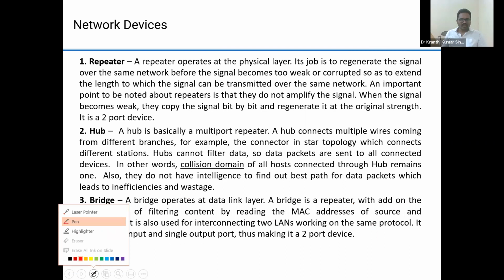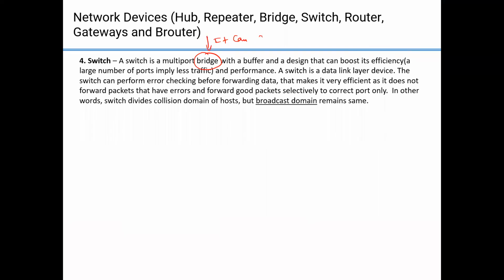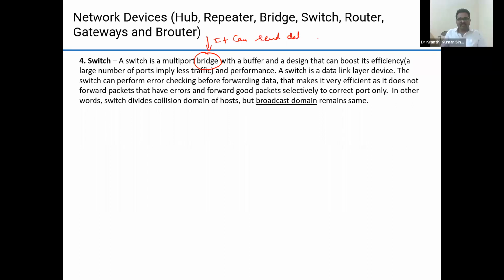Now, what is a switch? A switch is a multi-port bridge. What is the advantage of a bridge? It can read the MAC address and send data to the intended user only.